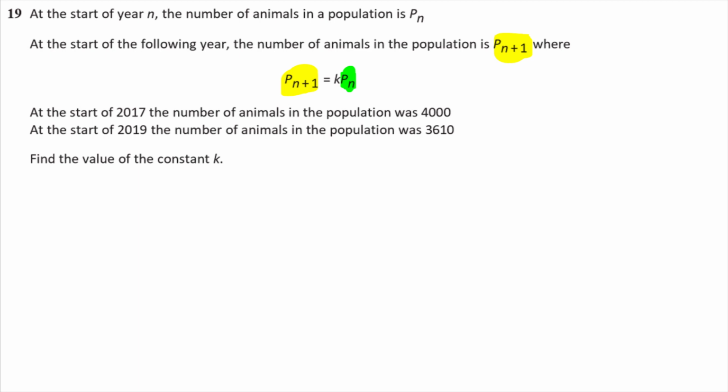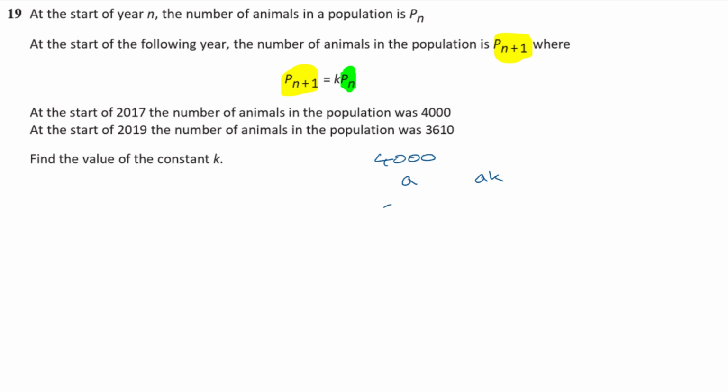So at the start of 2017, the number of animals in the population is 4,000. So if we consider this to be the first term in our sequence, 4,000, if we know it's a geometric progression, then we could call that A, and then we're going to have our next term, which is ak, which we don't know.